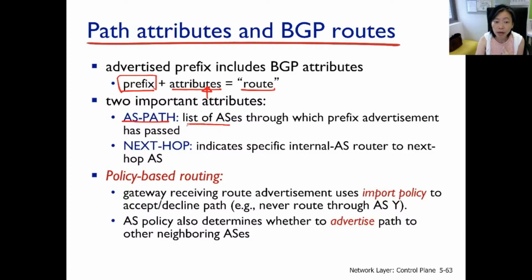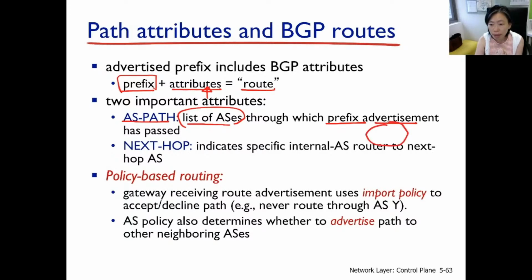The discovery of the list of ASs, the discovery of the AS path, however, came the other way, from the destination network. So the destination network is going to advertise its prefix, and so that's going to be in an advertisement message.